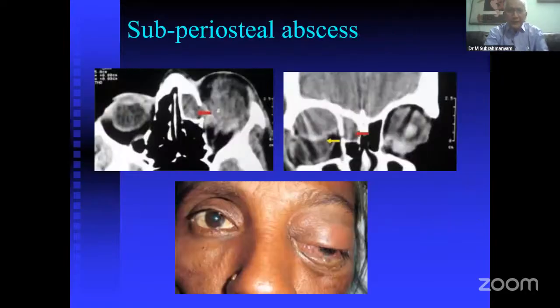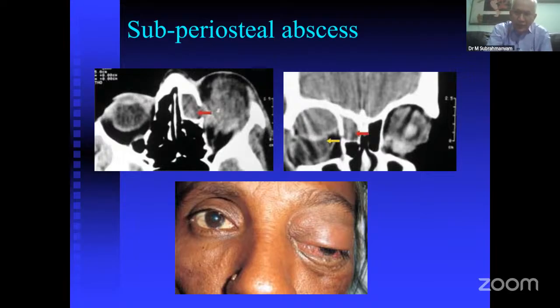Right. Okay. Now, if you look at this patient, here you see the periosteum. This thick line that you are seeing is the periosteum. And the subperiosteal space is a potential space which may be filled either with pus, that is subperiosteal abscess, or hemorrhage after trauma, subperiosteal hemorrhage, blood.